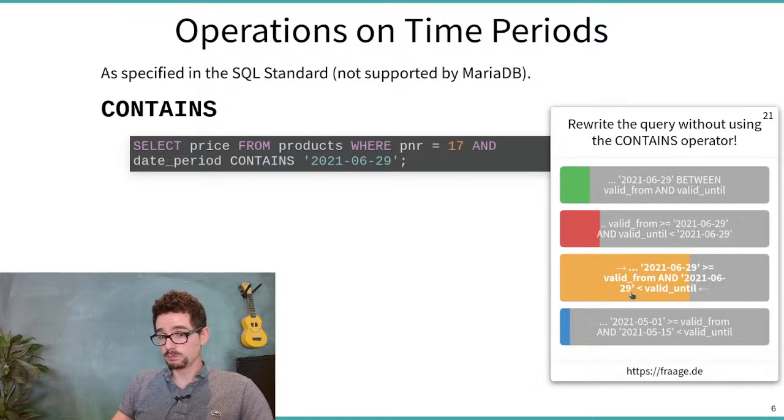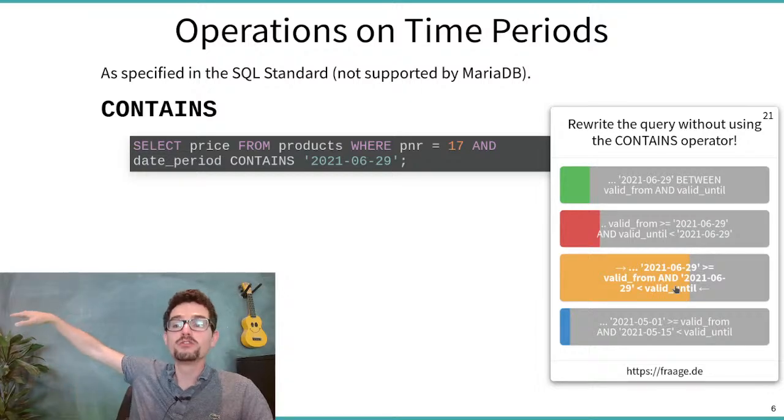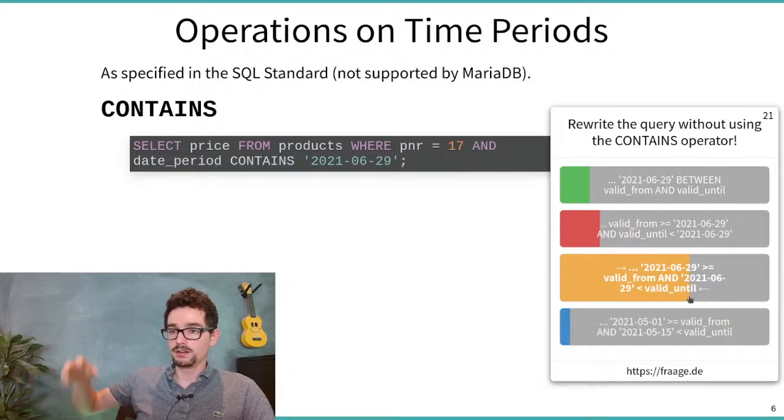And it should be valid, so the valid until should be in the future of that point in time, and really in the future, because if it would be equal valid until 29, then this valid until would not be included anymore because it's an open interval.